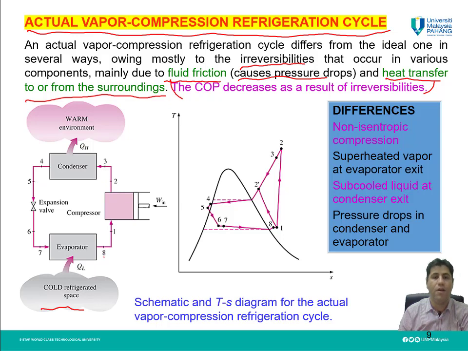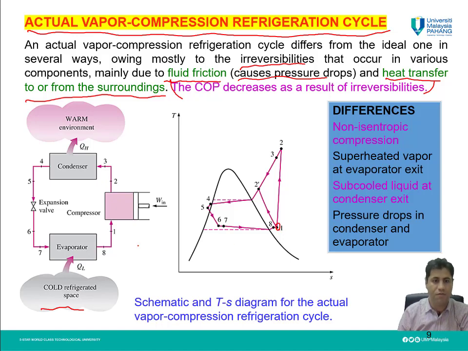So here we have 8 states in our cycle. The components are the same, but we also include the lines or pipes which connect these different components. Why have we added them? Because in the actual world we generally have heat transfer from the surroundings to the refrigerant, or from the refrigerant to the surroundings, in the pipes.